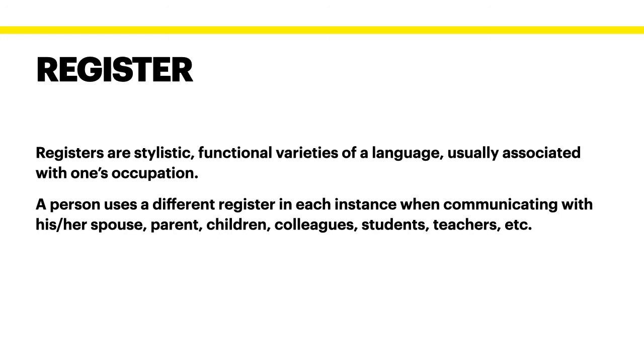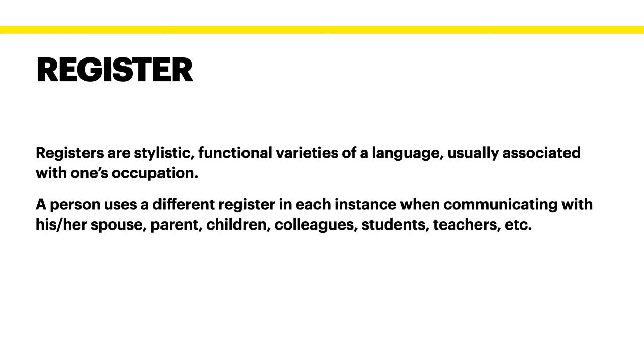So from this, you would have understood that a person uses a different register when communicating with their parent, and a very different register while communicating with their spouse, their husband or wife. Very different register again while communicating with colleagues. So if you want a particular book, you want them to pass you a book, if you're speaking to your parent, you will use a particular register.